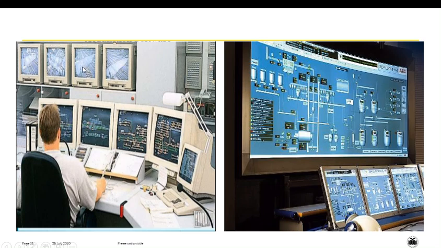This is another representation. Different monitors, different fields are there. This is a picture of a railway system. Information is displayed on different screens, and one person can visualize this data.